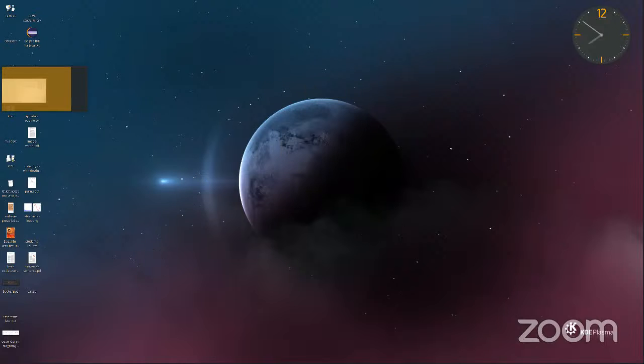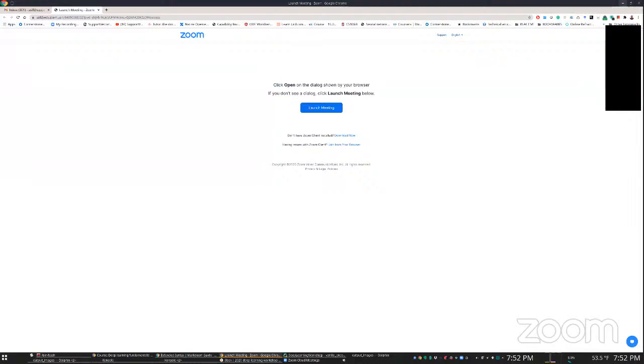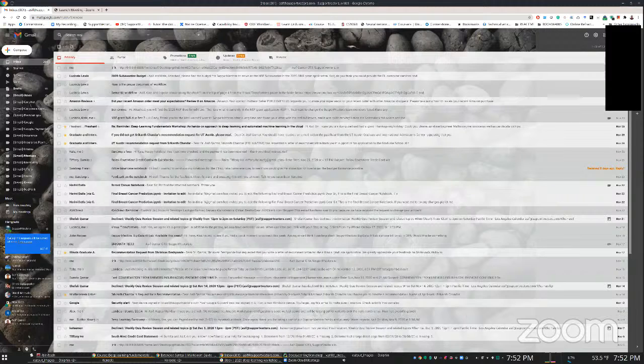Which screen am I sharing? The planet and the clock. Oh, the vertical one. No. Desktop 2. Now, which one am I sharing? A Zoom web browser. This is better.